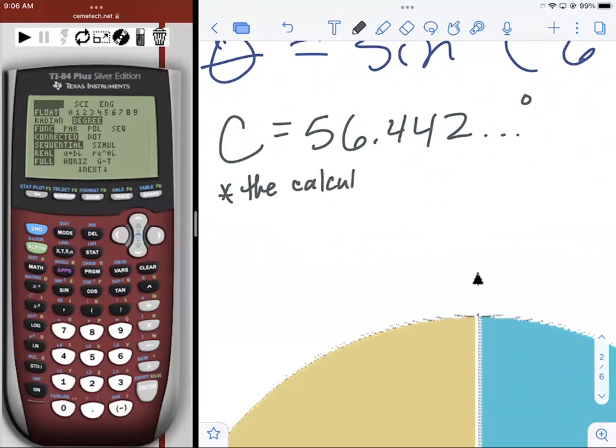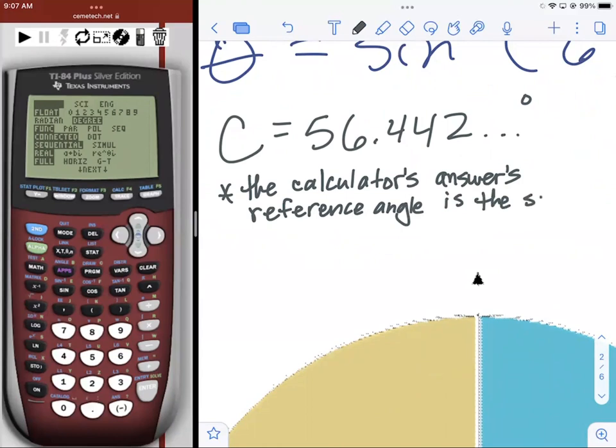The calculator's answer's reference angle is the same as your reference angle!